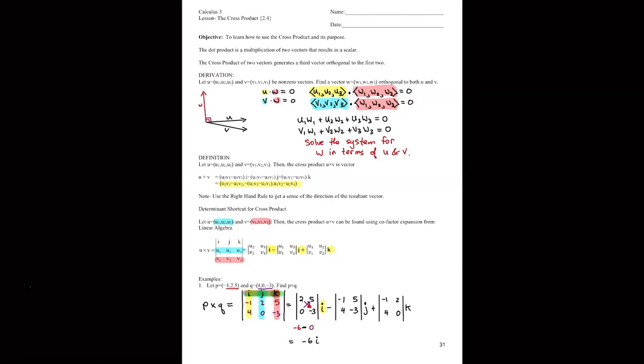Again, multiply down the main diagonal, so I get a positive 3, minus, then multiply up the other diagonal, so -20. And I get a -17, but you have to be careful. So I have a -17j.